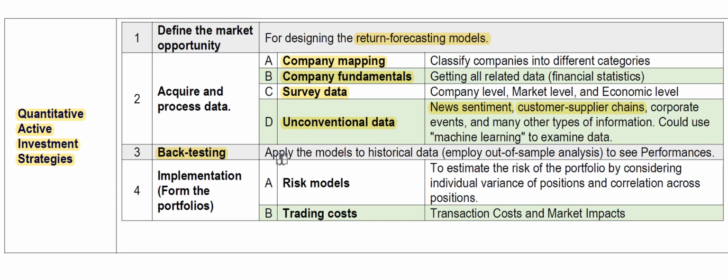So we do the same thing: we apply the model to historical data. This is called out-of-sample analysis. What does that mean? Even though you're using historical data, you implement your strategy ahead of the date of the return.